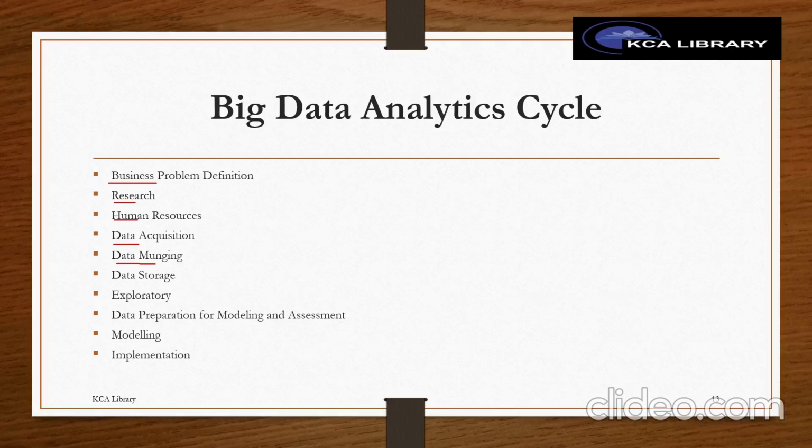Once data is retrieved, let's say from the web, it needs to be stored in an easy-to-use format. We also have data storage. Once data has been processed, then it has to be stored, let's say in a database.